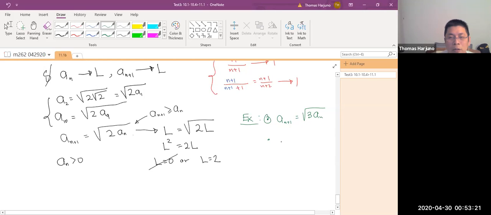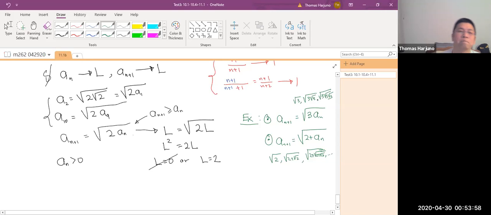Another one: the next term equals the square root of 2 plus the previous term, and the first term is square root of 2. So square root of 2, square root of 2 plus square root of 2, square root of 2 plus square root of 2 plus square root of 2, and so on. For this one here, square root of 3, square root of 3 times square root of 3, square root of 3 times square root of 3 times square root of 3. Okay?